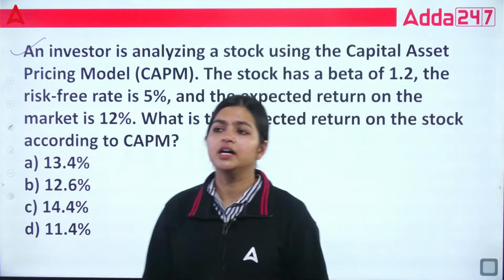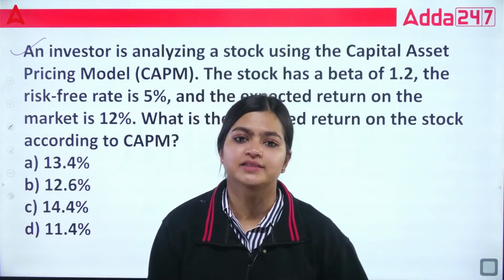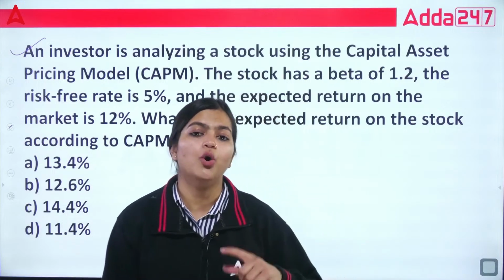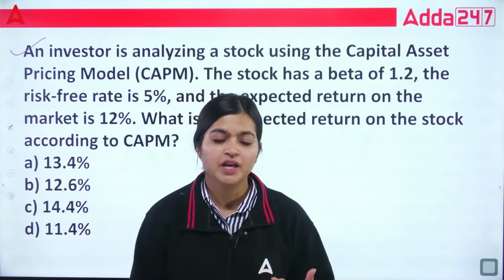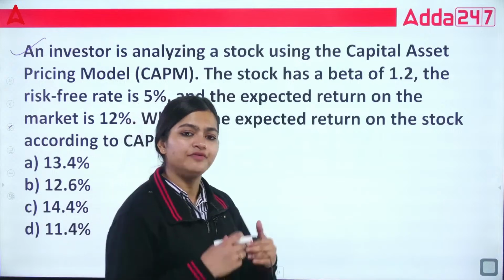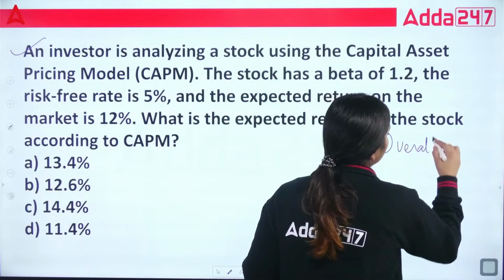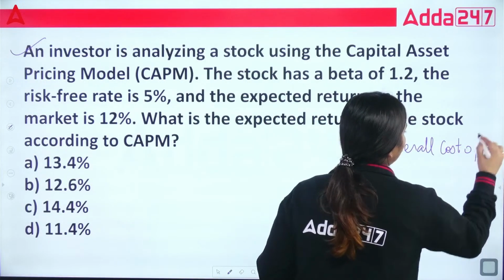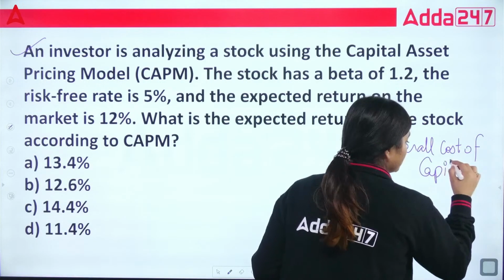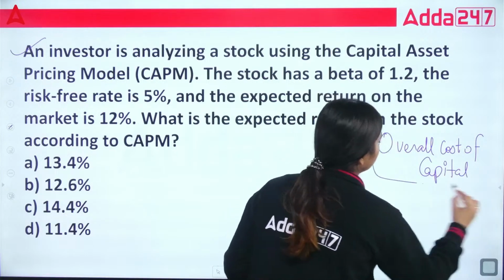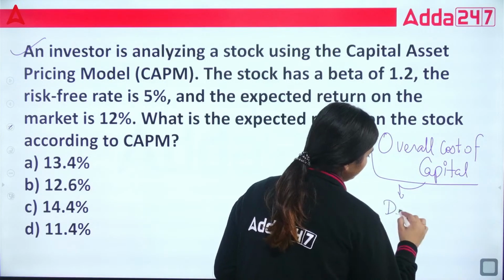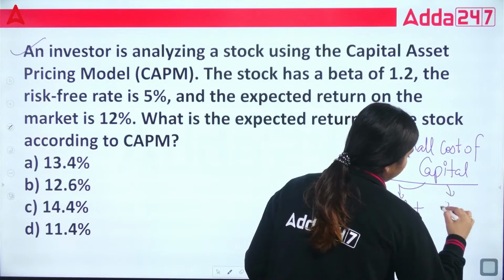See, while we talk about the WACC, where we calculate the overall cost of capital, we need to understand that the overall cost of capital includes your debt part also, your equity part also.